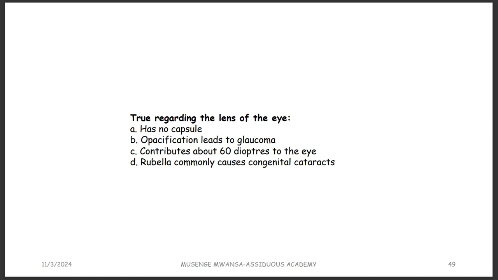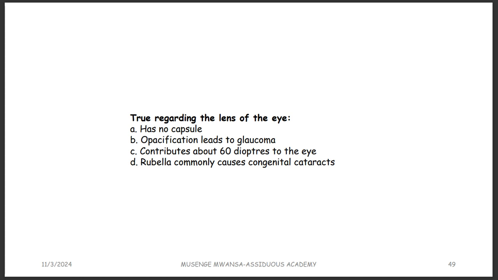So we remove that, and then opacification leads to glaucoma. How about opacification leading to glaucoma? Anyone that can say anything about that? Okay, thank you so much.